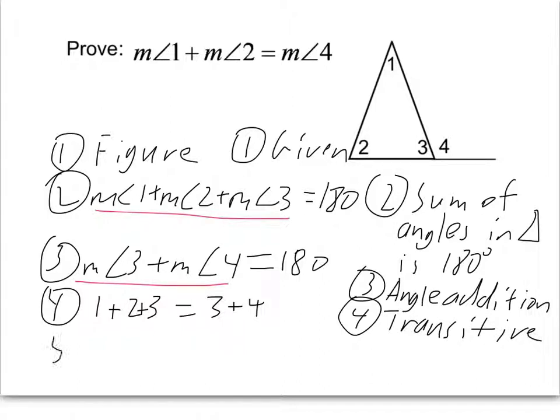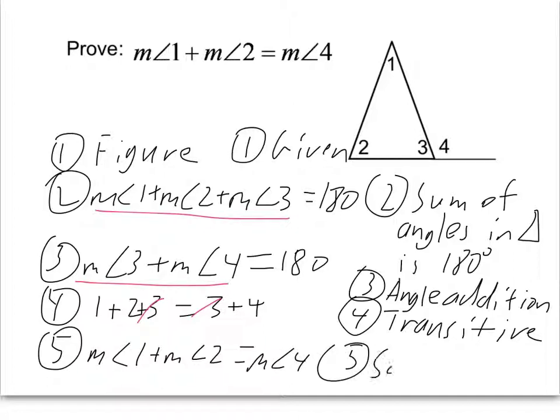And then I can subtract angle 3 from both sides, and we're left with, I'm going to write it properly now, the measure of angle 1 plus the measure of angle 2 is equal to the measure of angle 4, and that's just subtraction.